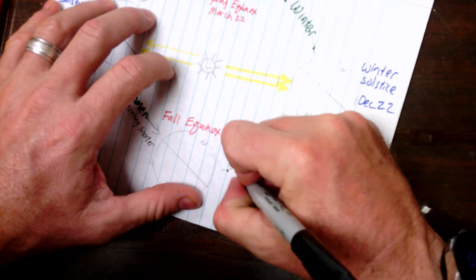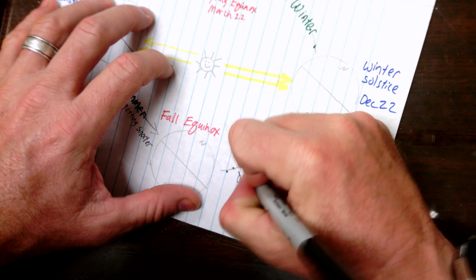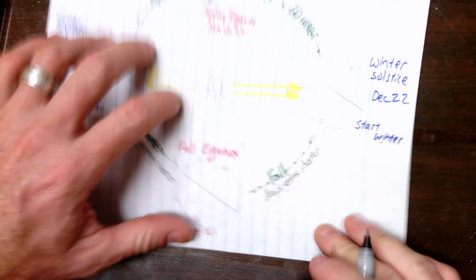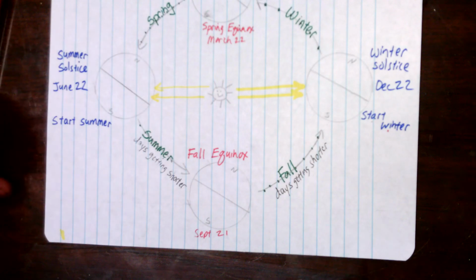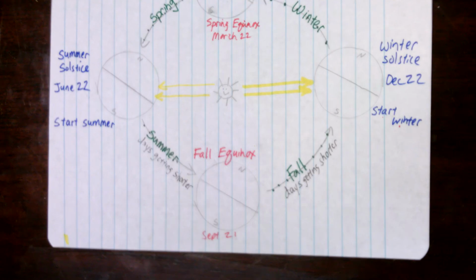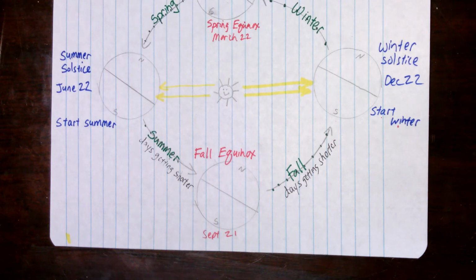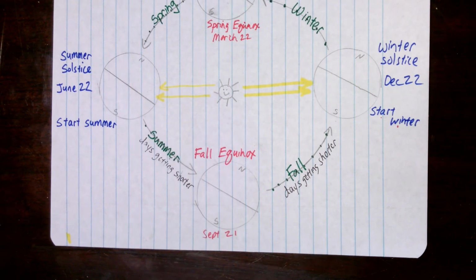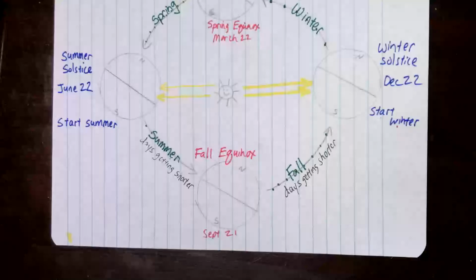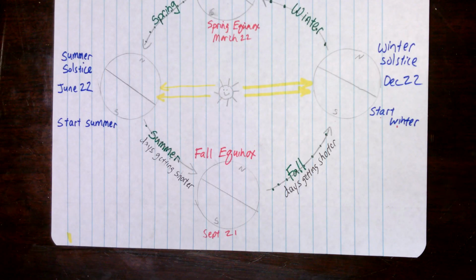Over here in fall, days are getting shorter. So, okay, we're getting actually less sunlight. Days are getting shorter because we're tilting more away from the sun. That should affect our temperatures, and it does. The question is, how does it affect our temperatures? This is where this gets a little interesting.